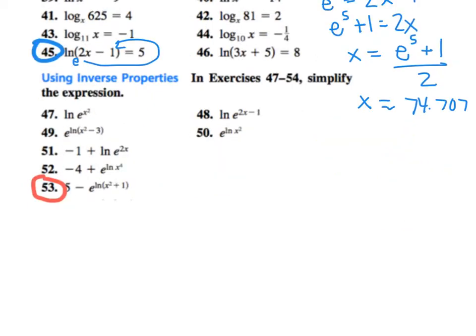Okay, the last problem I'm going to look at is simplifying this expression. And really the part you need to be concerned with is this part right in here. And I'm just going to stress to you this idea.